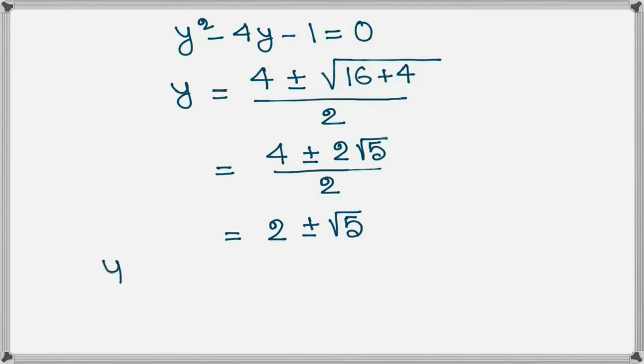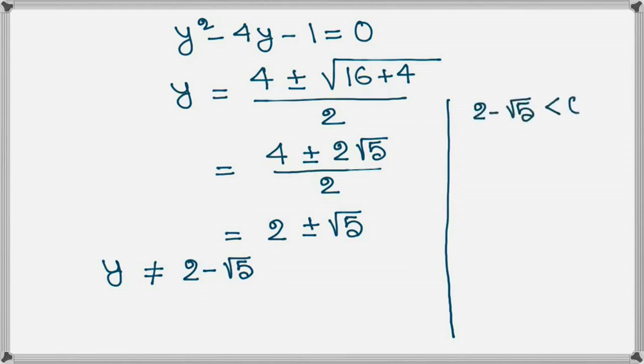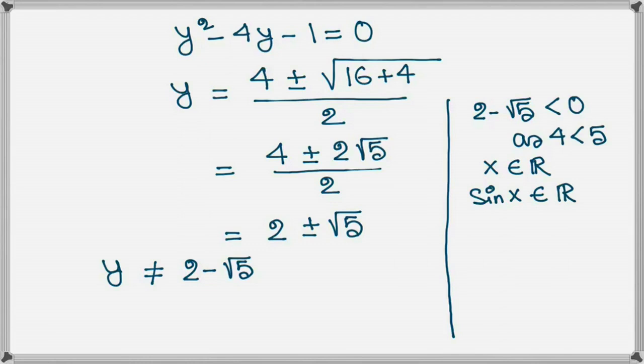First we show that y cannot be equal to 2 minus square root of 5. So for that, first we note that 2 minus square root of 5 is strictly less than 0 as 4 is strictly less than 5. Now for any real number x, sin x is always real, and as we know, for any real number x, e to the power x is always real, and in fact it is strictly bigger than 0.